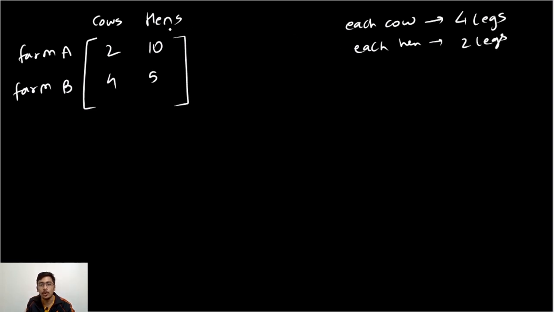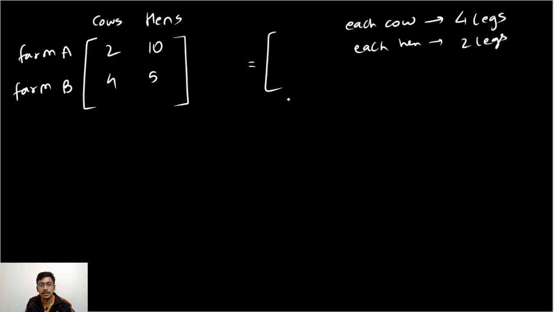So how many legs are there on the first farm, and how many legs are there on the second farm? Can you solve it simply? How can you solve this?